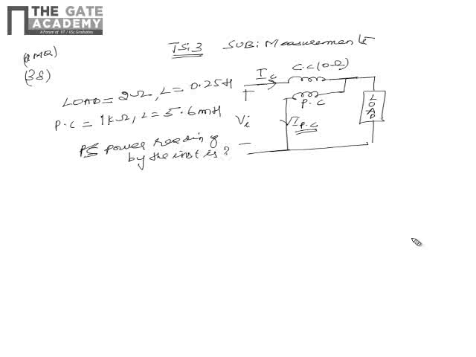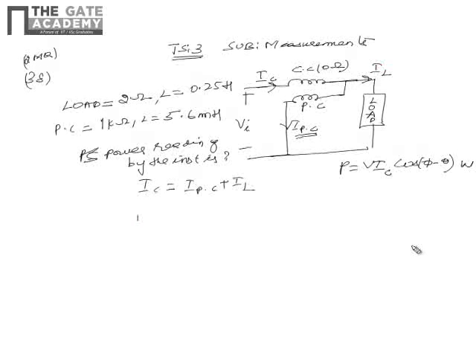So power is nothing but V into IC into cos of the resultant angle. This we will calculate in watts. IC is nothing but IPC plus I load current, this is my I load. So here we need to calculate IL.